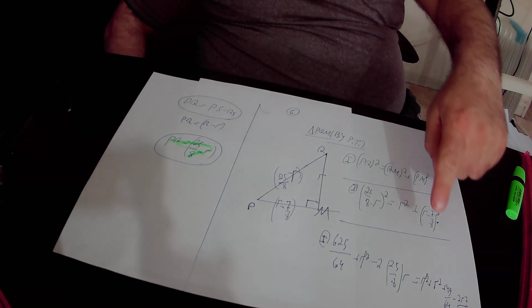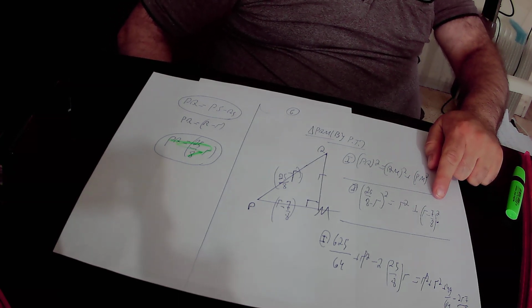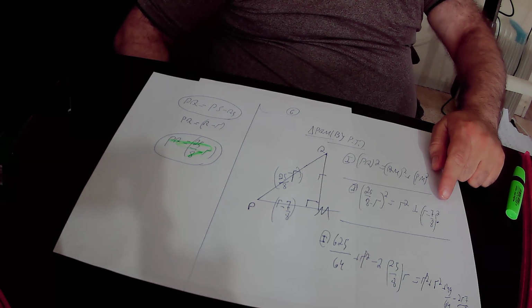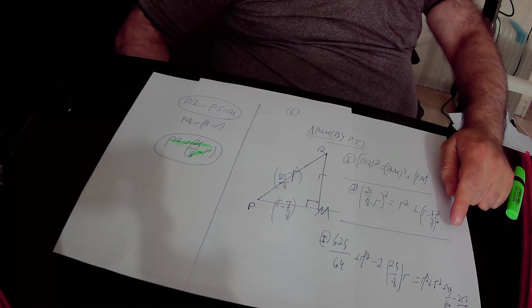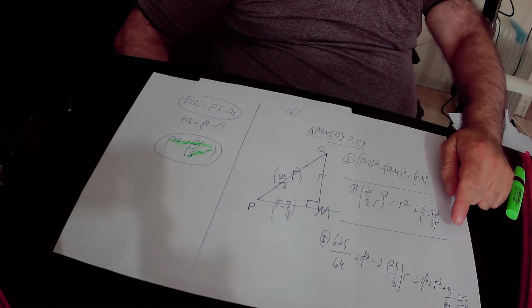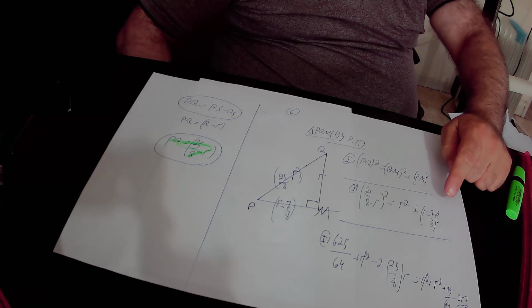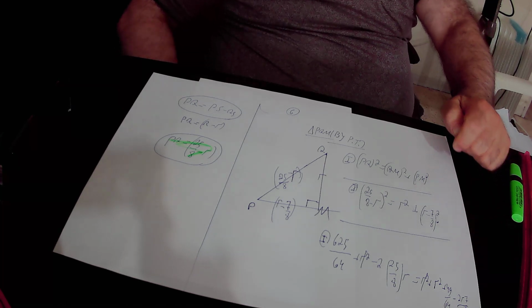And here we have r squared plus (r minus 7/8) squared. (r minus 7/8) squared equals r squared plus 7/8 squared, where 7/8 squared is 7 squared, that is 49, over 8 squared, that is 64. So in conclusion, it equals 49 over 64 minus 2 times r times 7/8. Okay?